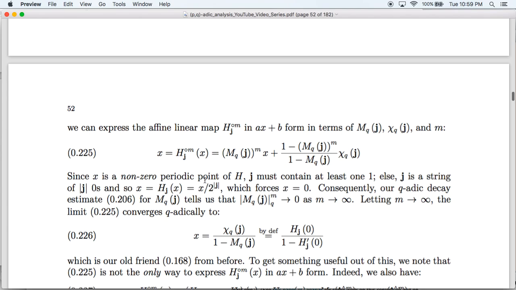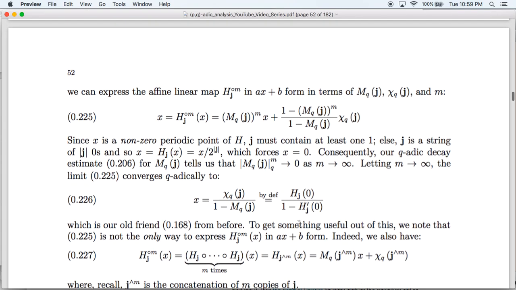So letting m approach infinity, this goes to 0, and this goes to 0, and so we get that x equals chi q of bold j over 1 minus mq of bold j, which by definition of these two functions is our old friend from before that we got from solving for the fixed points.